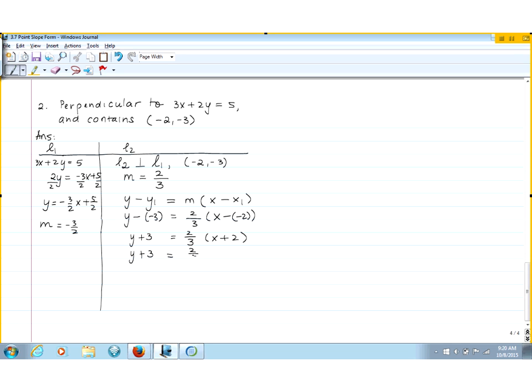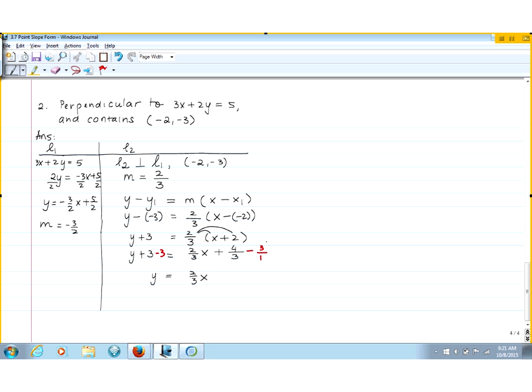So y plus 3 is equal to 2 over 3x plus, when you distribute this, what do you have? 4 over 3. Yes. So now, I want to solve for y. What do I do? Subtract 3 both sides. So 3 is actually 3 over 1. So y is equal to 2 over 3x.